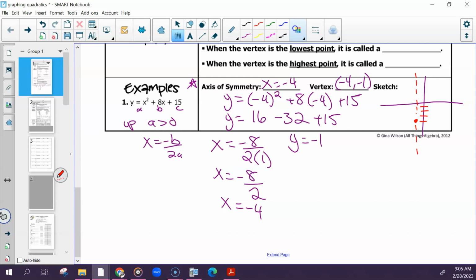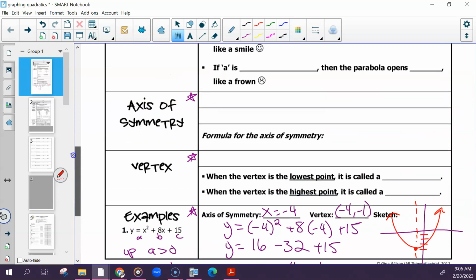We don't know anything else about this except that's the vertex, that's the axis of symmetry, and it's going to go up. So just draw arrows up from there. These are rough sketches. That's your formula for your axis of symmetry.